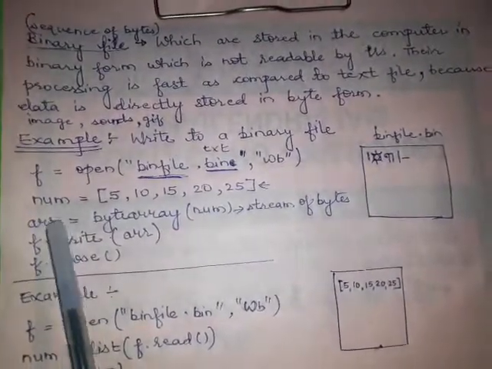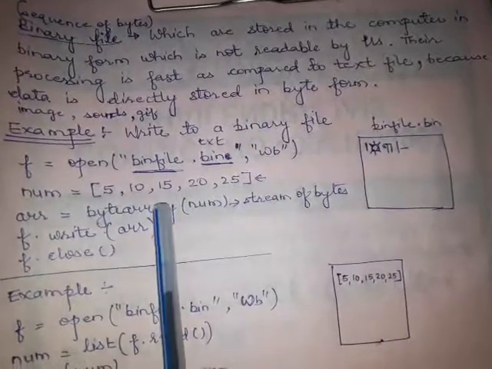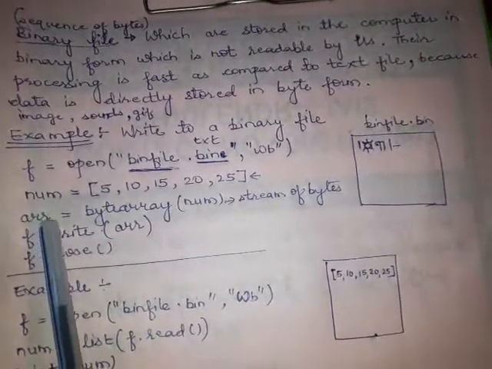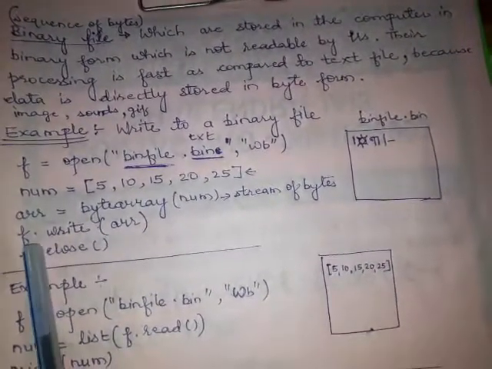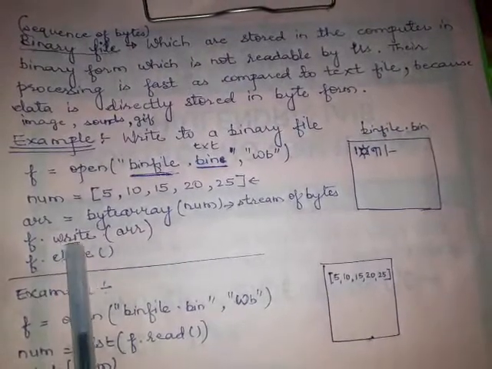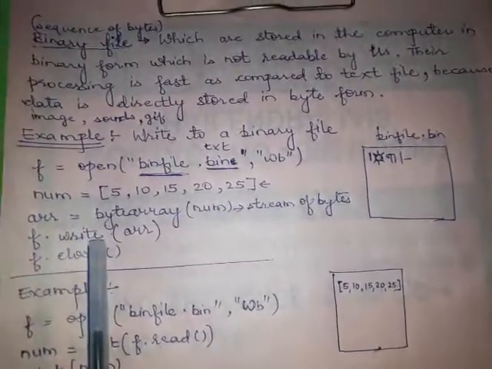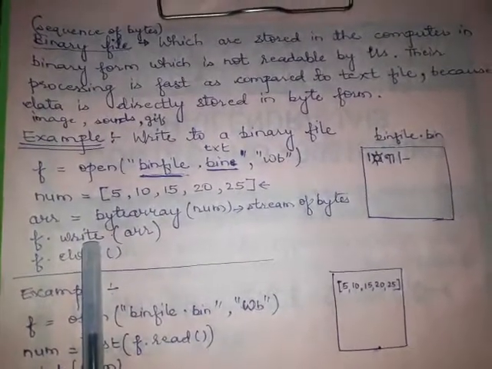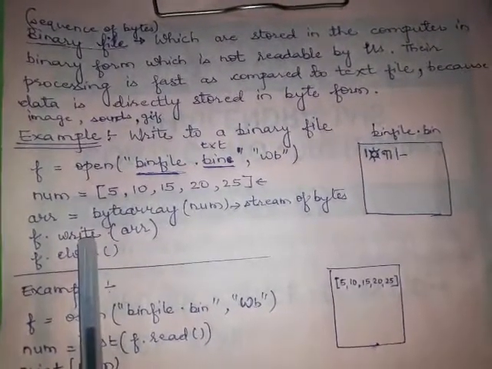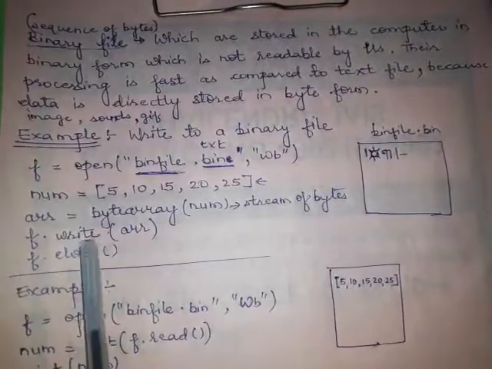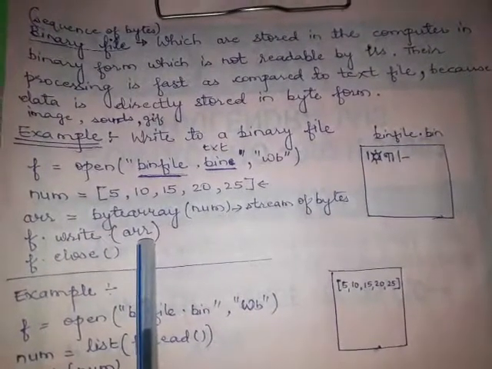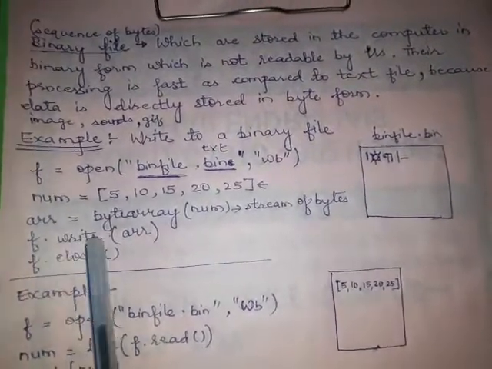Now when the list is converted into a stream of bytes, we have to write it with the file pointer dot write, the same write function which we use in text file. We can use it here. Same function, fp.write(arr).